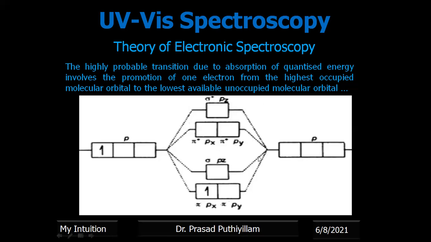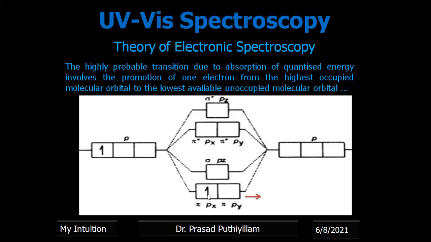This is just for representation purposes. Even I didn't represent the 1p or 2p also. So here the electrons present in one of the atomic orbitals came to this particular molecular orbital. Therefore, we can call this the occupied orbital. More electrons are filled at lower energy levels of that molecular orbital. So here only I represented. So this is the highest occupied molecular orbital. Here sigma pz is there, but it is not occupied.